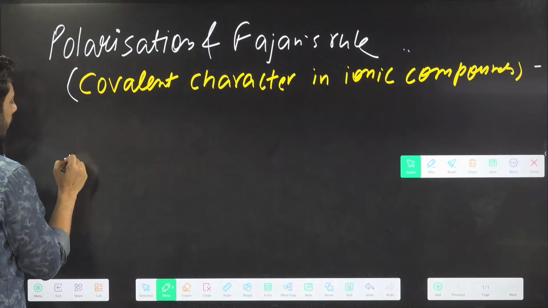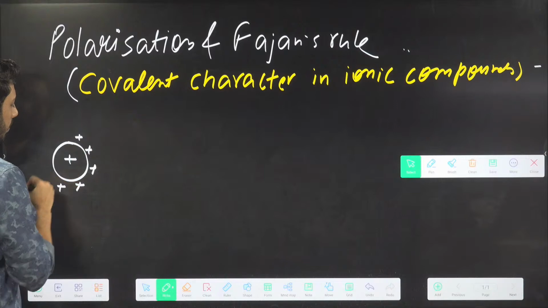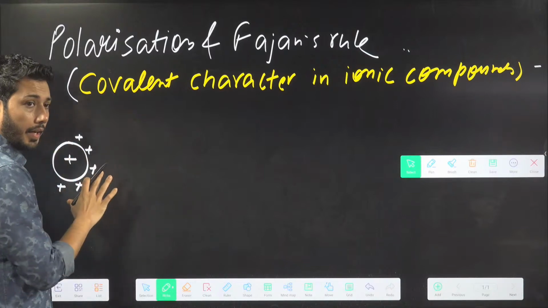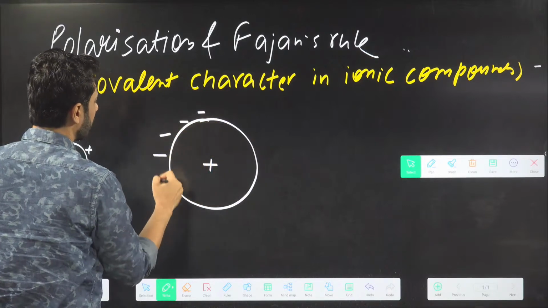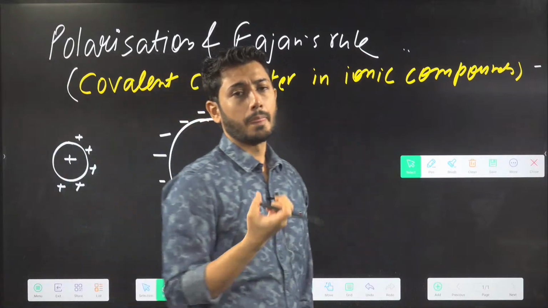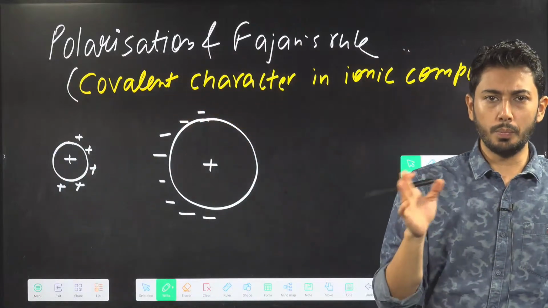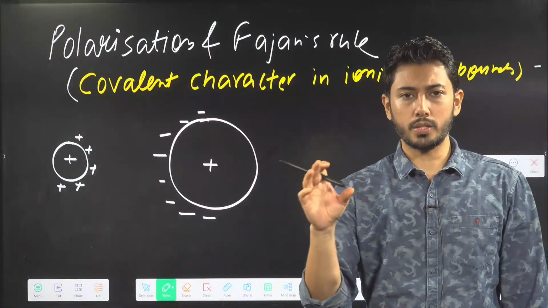So firstly understand when we talk about polarization, this is cation and this is anion. Suppose this is the example. When we say ionic bond, what happens? As per Fajan's rule, no bond is 100% ionic in nature. There is some covalent character associated with it.